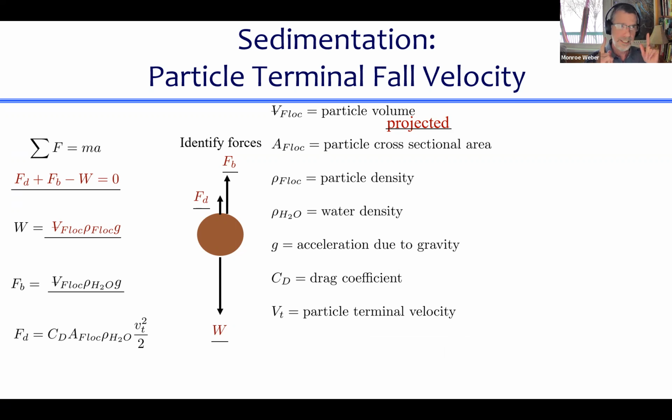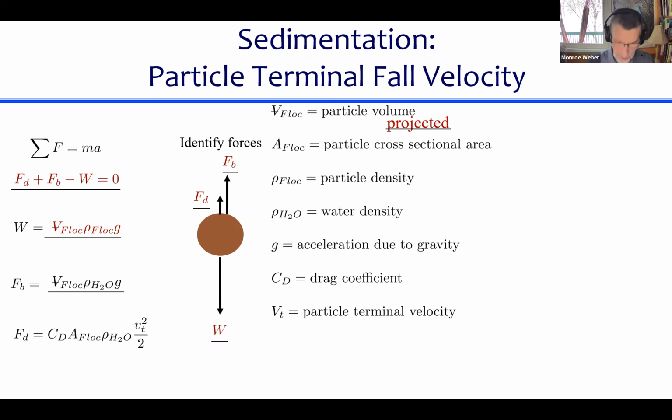Is that clear? If you're thinking about the drag force on your car when you're driving down the road, the density of your car has nothing to do with it. It's only the density of the air that matters. So in the same case here for our flock, the density that matters is the density of the fluid. And then of course, times its terminal velocity squared over 2.